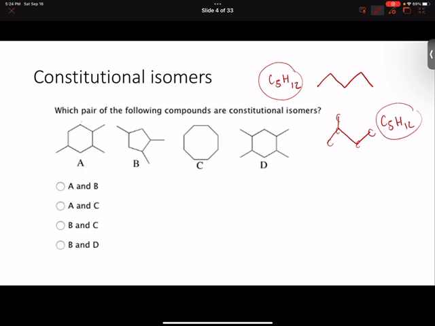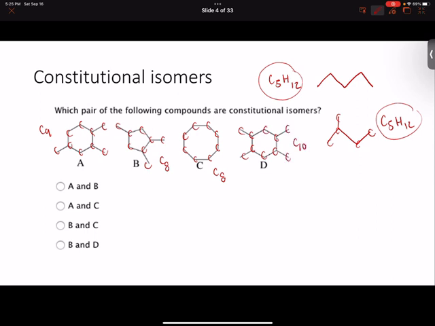So here we have 1, 2, 3, 4, 5, 6, 7, 8, 9. So it has C9. Then 1, 2, 3, 4, 5, 6, 7, 8. So this one has 8 only, and then 1, 2, 3, 4, 5, 6, 7, 8. And then 1, 2, 3, 4, 5, 6, 7, 8, 9, 10.